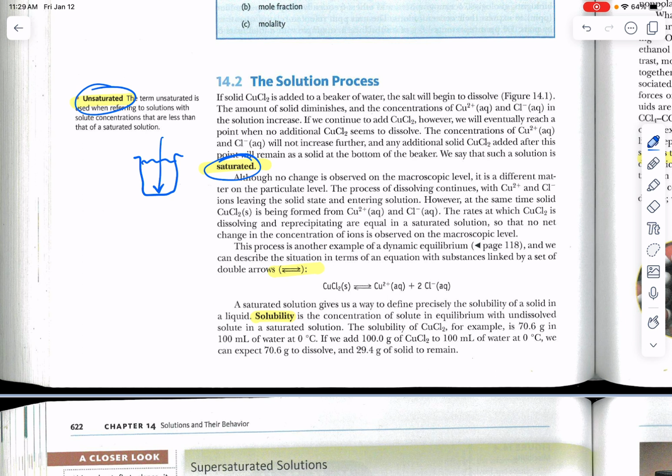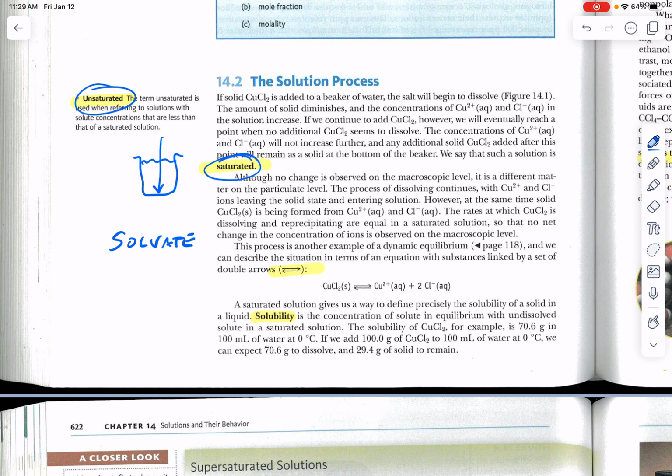What's going on here is that every single particle of your solute is now surrounded by water molecules. And so if you add some more particles of solute, there's not enough water molecules to go around to surround or to solvate those particles. And so those particles then precipitate to the bottom.